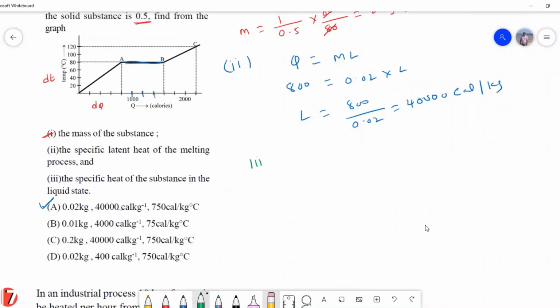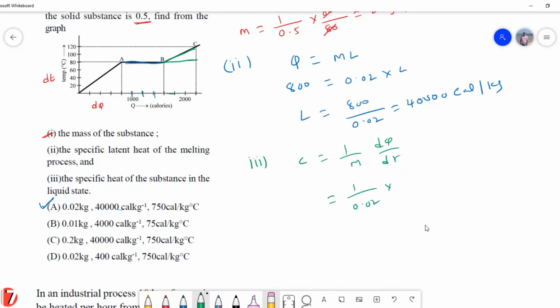The third answer. This is the specific heat of the liquid state. So again, let's find out the slope of this. In the same way, specific heat is equal to 1 by m into dQ upon dT. So 1 by m is 0.02.